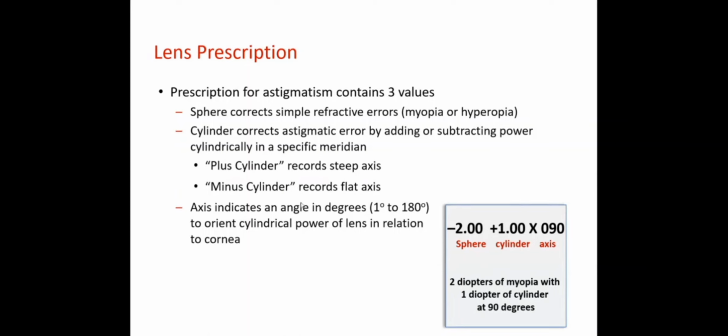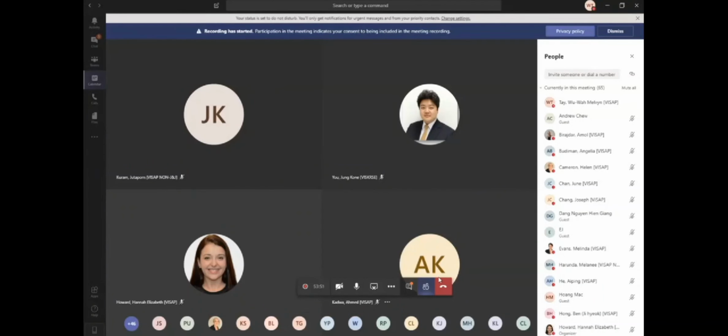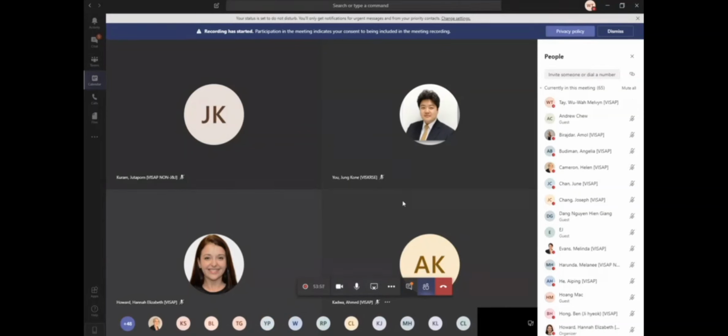Okay, so the interesting thing is, how do you create two different powers with a spherical lens and a cylindrical lens? I just want to show you what a spherical lens and a cylindrical lens look like.